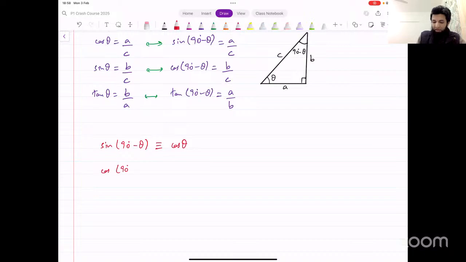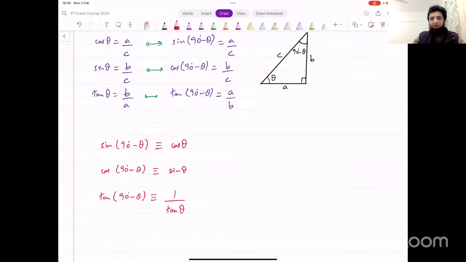Cos of 90 minus theta is identical to sine of theta. And tan of 90 minus theta is identical to 1 over tan theta, right? It's the reciprocal, so we can say that's 1 over tan theta.